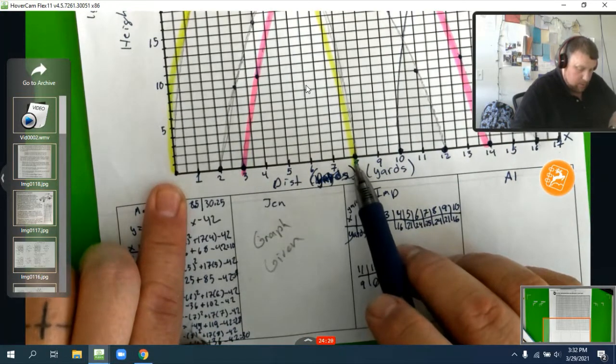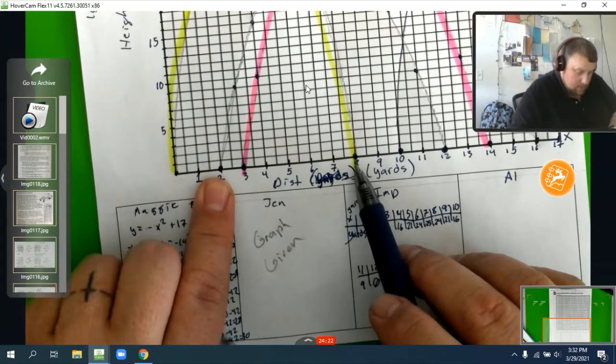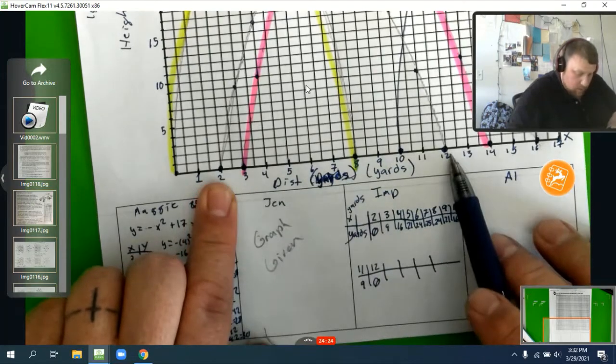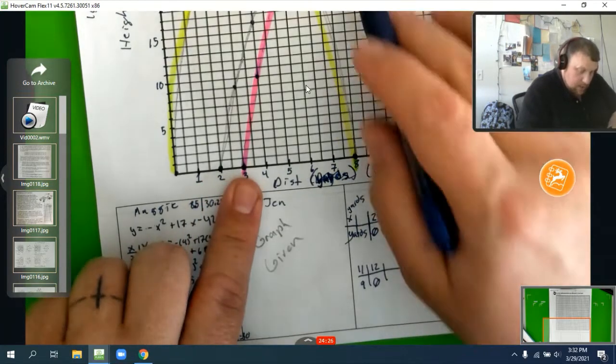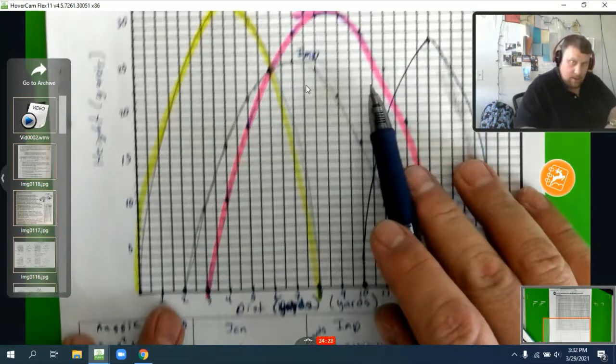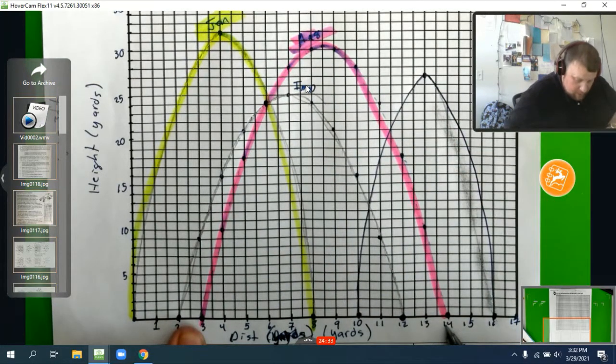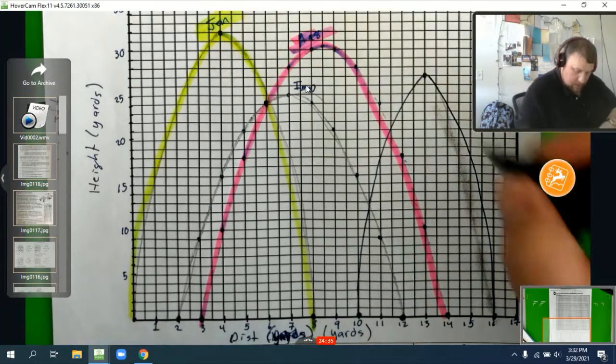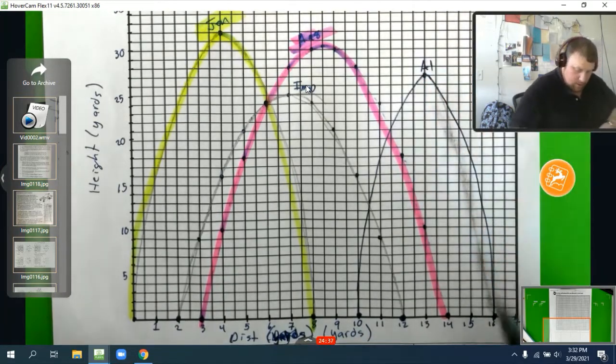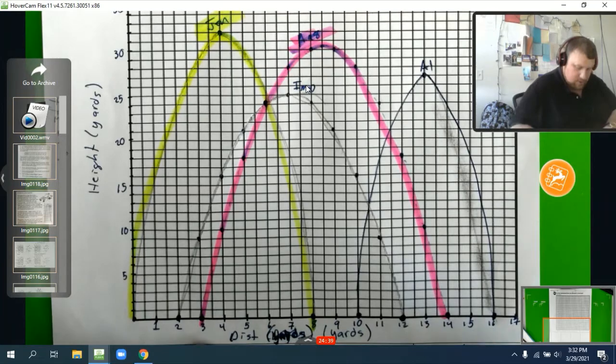Jen went 8 yards. Imp went 2 to 12, which is 10 yards. Meg went 3 to 14, which is 11 yards. And Al, I forgot to label Al, went 10 to 16, which is 6 yards. So the 11 yards wins.